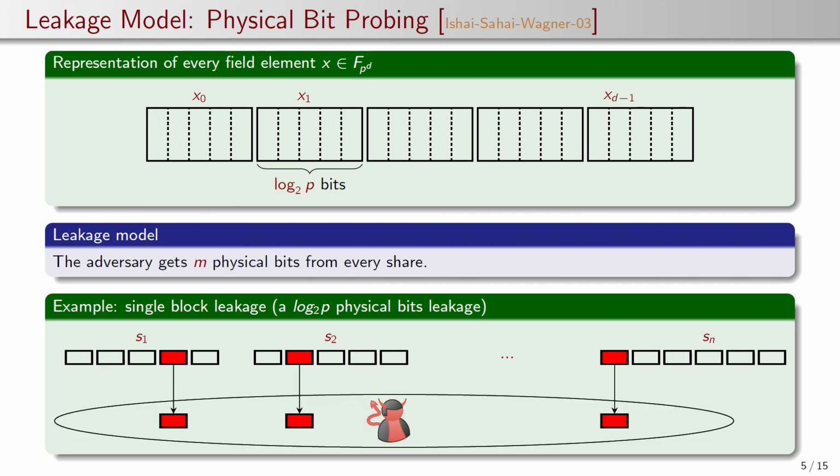In the probing model, the adversary gets, say, m physical bits from every share. For example, for single block leakage, the adversary gets information about one block of every share. As you can see in the picture, the adversary can get the second rightmost block from the share s1, and so on for s2 through sn.